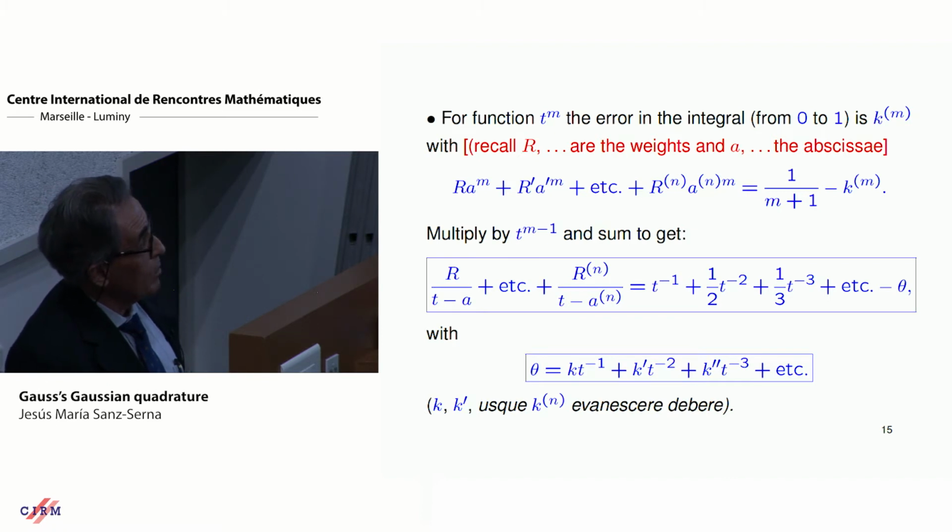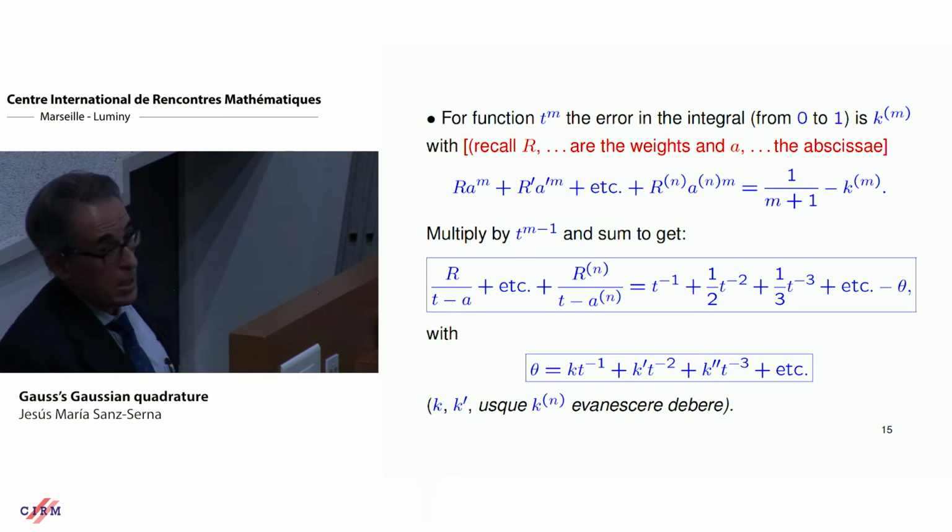And you note that because of the construction, the formula is exact for the functions 1, t, t squared, up to t to the n, and therefore k prime up to k superindex n must vanish. This is what he says.